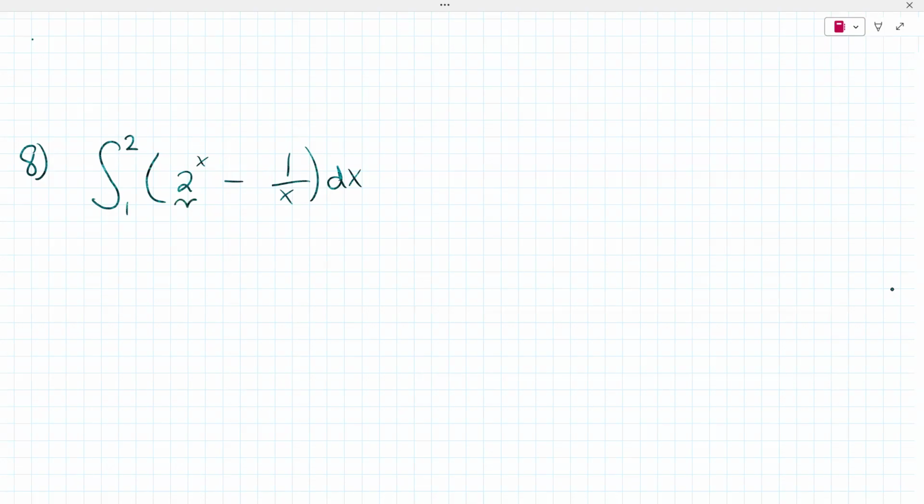That would be 2 raised to the x over b times ln of b, where b is your base. So that's 2 to the x over ln of 2, minus, what's the integration of 1 over x? It is the ln of the absolute value of x. And we are going from 1 to 2.